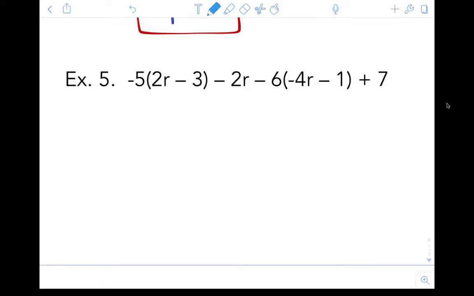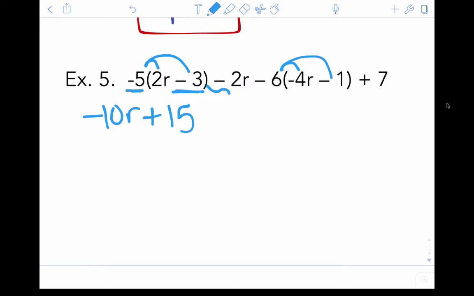So the first thing I need to do is distribute to both of my parentheses. So doing this first one, I have a negative 5. So negative 5 times 2r is negative 10r. And then negative 5 times negative 3, because I'm looking at the sign in front of my number, that's positive 15. Now some of this extra stuff, like this minus 2r, I'm just going to copy that down.